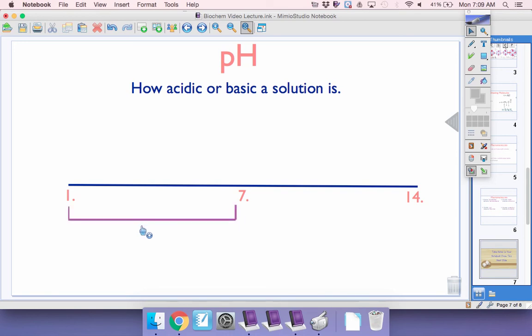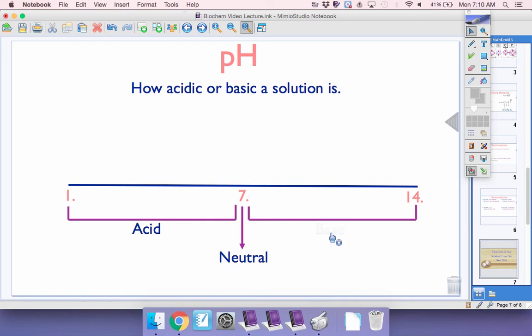So, from 1 to 7, we have acids. Anything from 1 to 7 will be an acid, and actually 1 to 6.99999 repeating.